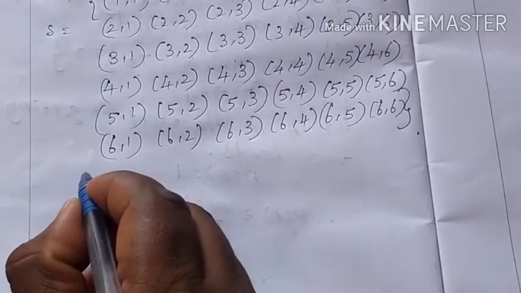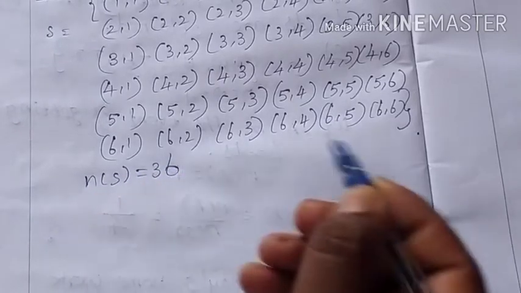So the total number of sample space n(S) is equal to 36.